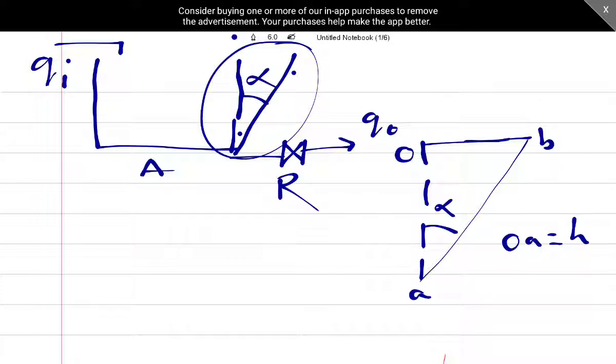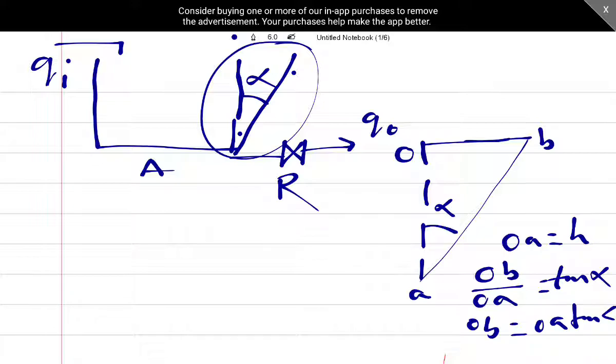If I consider OB divided by OA equal to tan alpha, so OB is equal to OA tan alpha. OA is h, so this is h tan alpha.